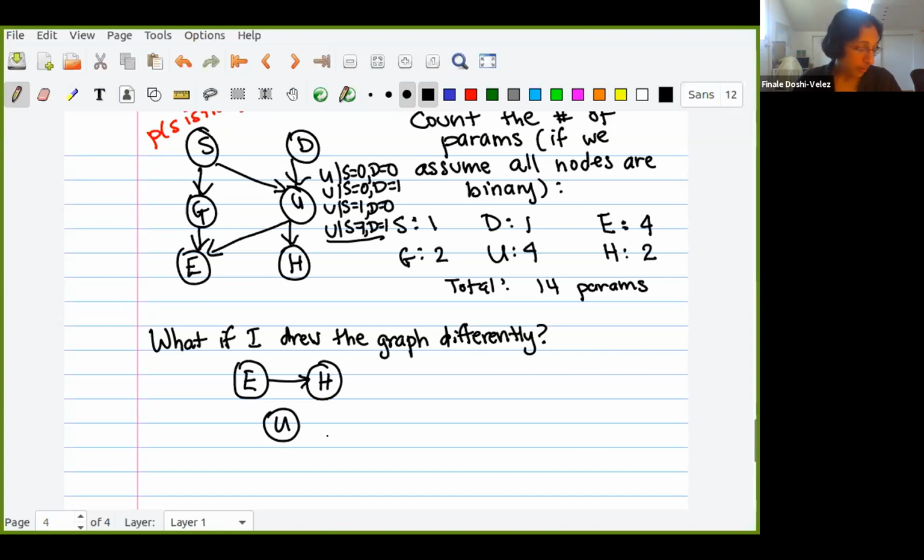So if I have U over here, well, U is going to depend on both E and H. So I need to draw arrows coming in like so.